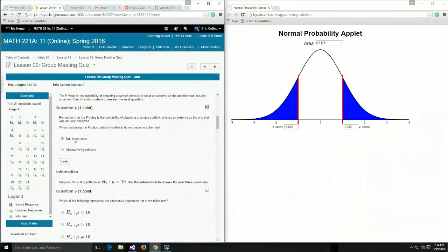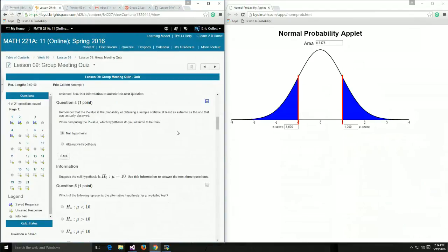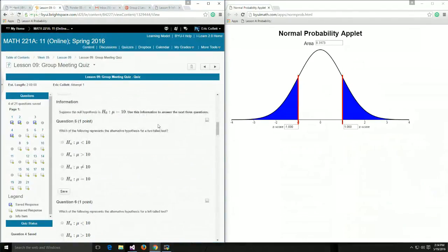Because you're assuming that the null hypothesis is true, even though you might have an alternative hypothesis. Pretty sure. Yeah, that's what the book says as well.